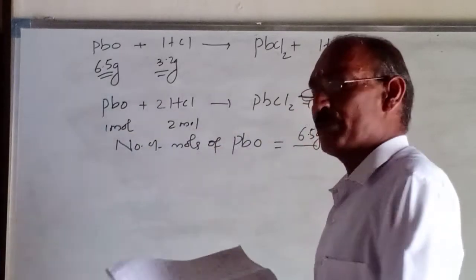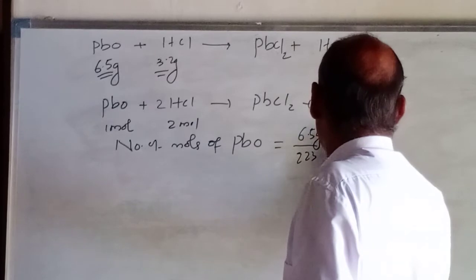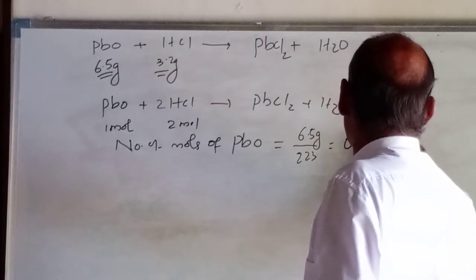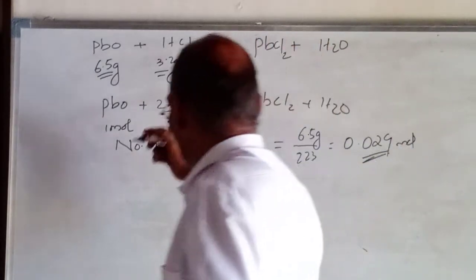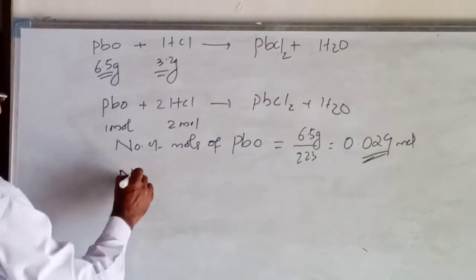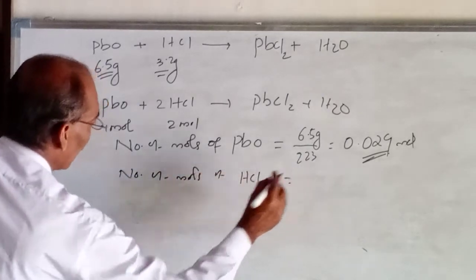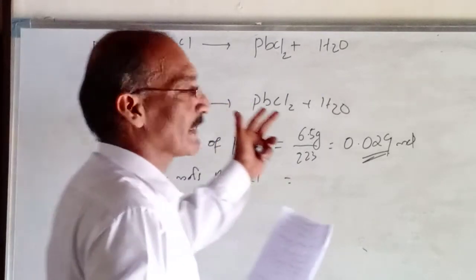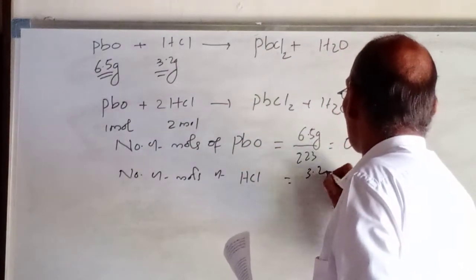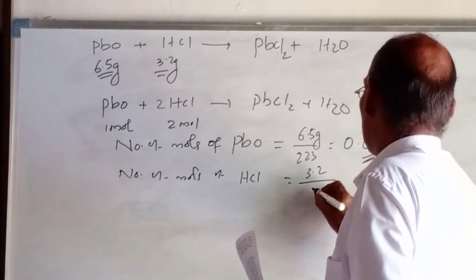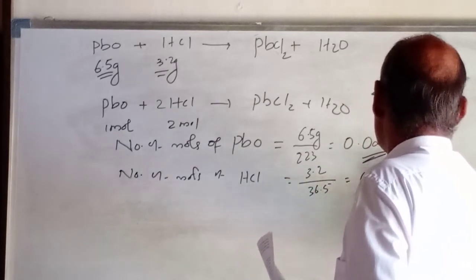Mass given 6.5 gram and molar mass 223 is equal to 0.029 mole you will get. Similarly, we can find number of moles of HCl. That is also the same, mass by molar mass. Mass is given 3.2 gram divided by HCl 36.5 gram, 0.087 mole.